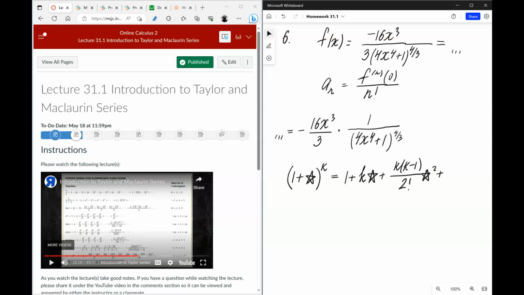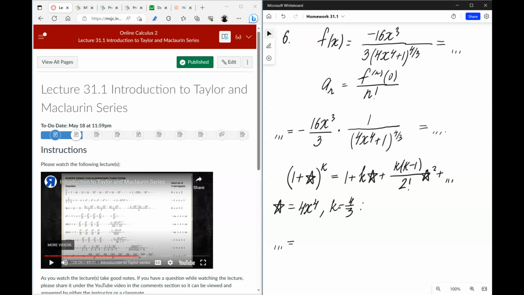plus, and since we only need the first 3 terms, we don't really care about what the other ones are. So if in this formula we choose our something to be equal to 4x to the 4 and k to be equal to 4/3, then here's what we're going to get.